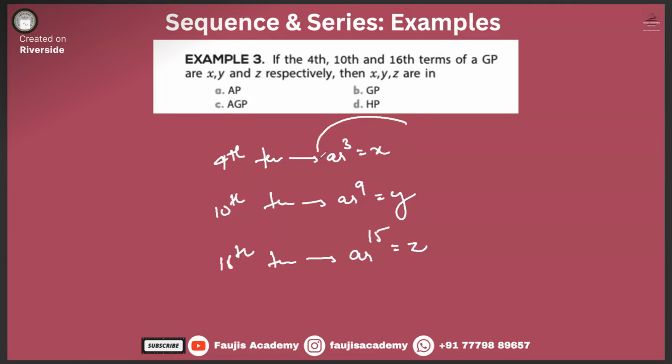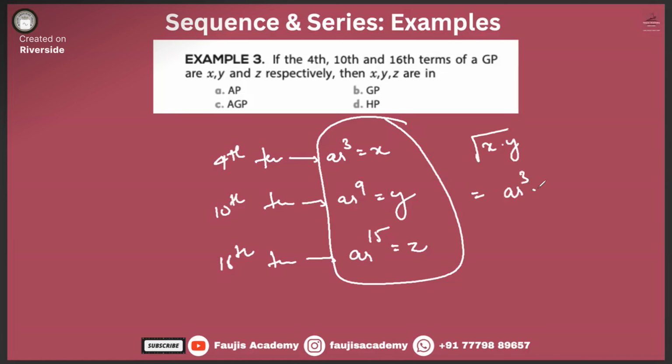Did you guys observe one thing? If we do root under x into z, what do we get? This is R cubed. Do we get this, which is equal to y?